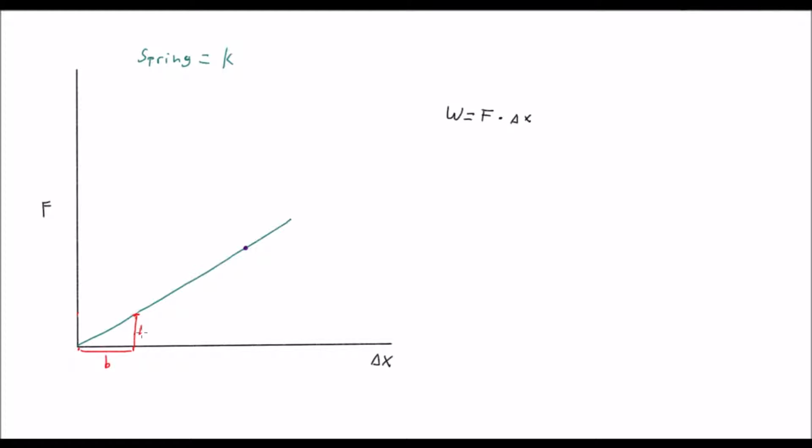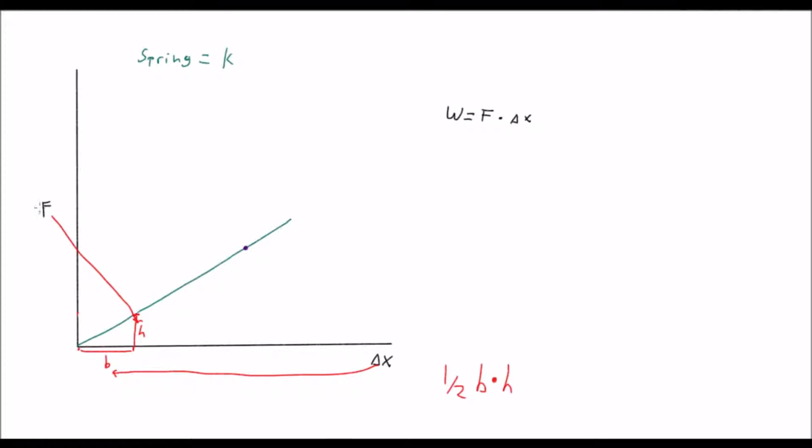We have a height right here. We know that force is the height. We know that delta x, or change in position, is the base. So what do we got? Well, we just plug this right into the area of a triangle. We know that the area of the triangle is quite simple. It's 1/2 base times height.